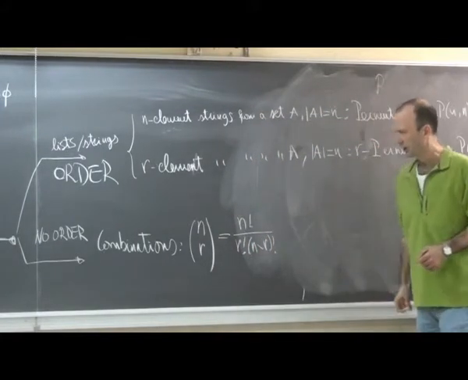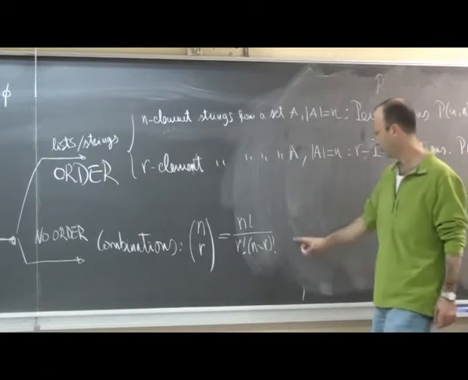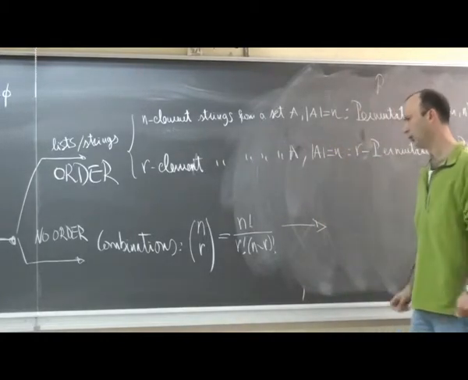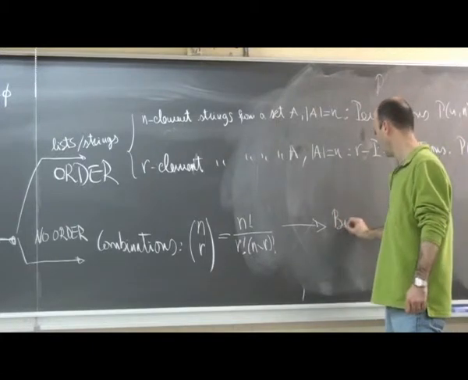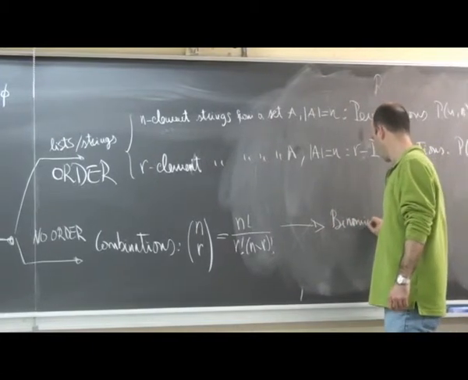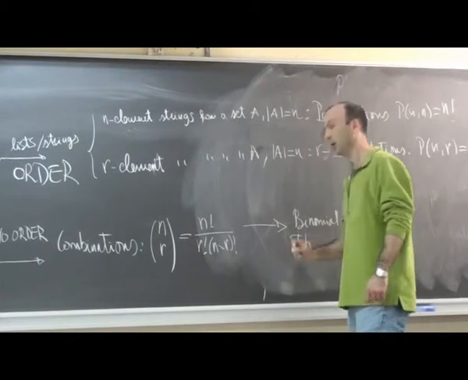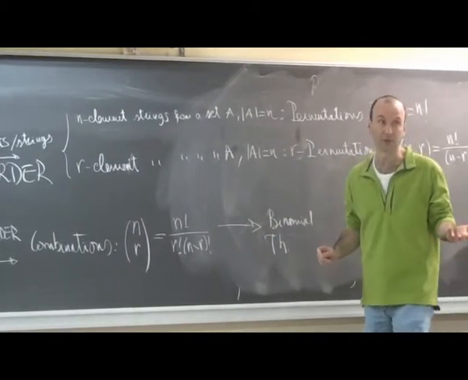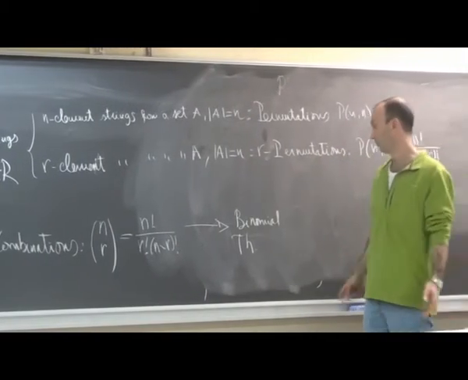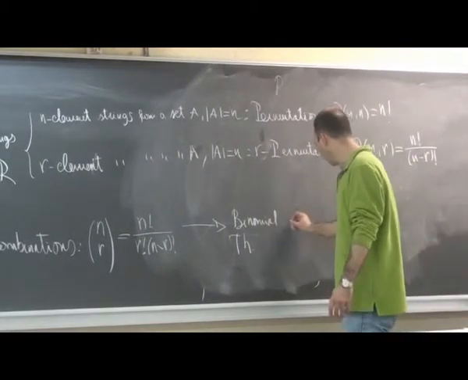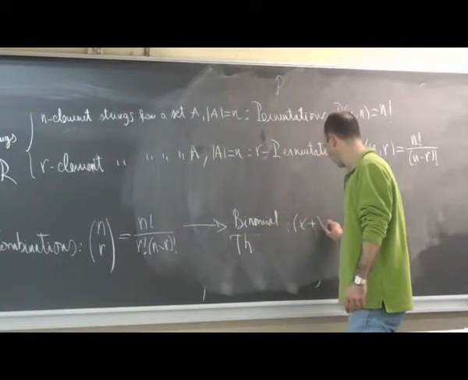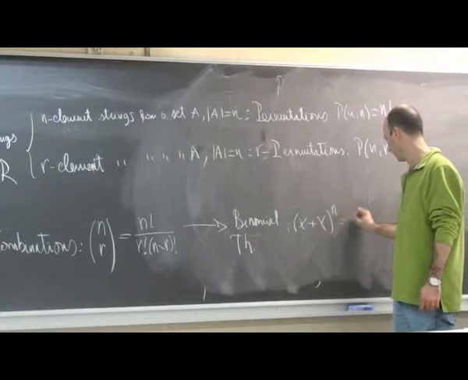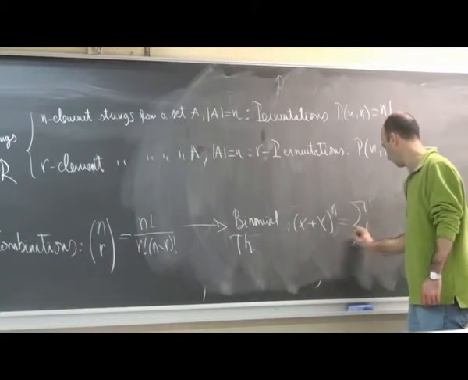Right? And from here, we went to binomial theorem, which was invented by Newton, although in English it's not called Newton's theorem, it's called binomial theorem. It states that x plus y to the nth is in this expression here.